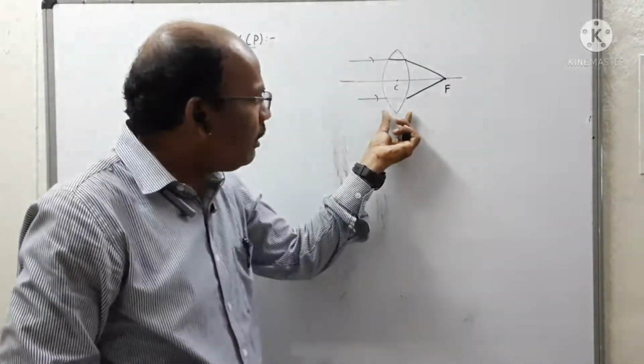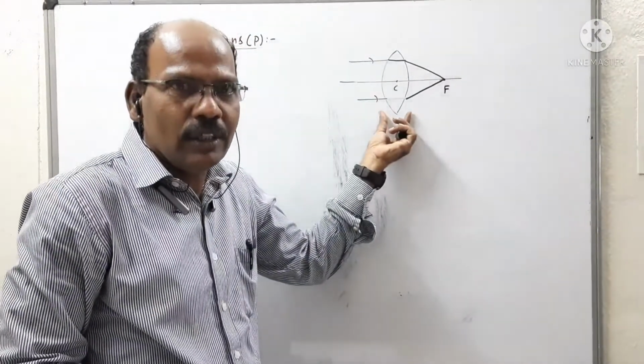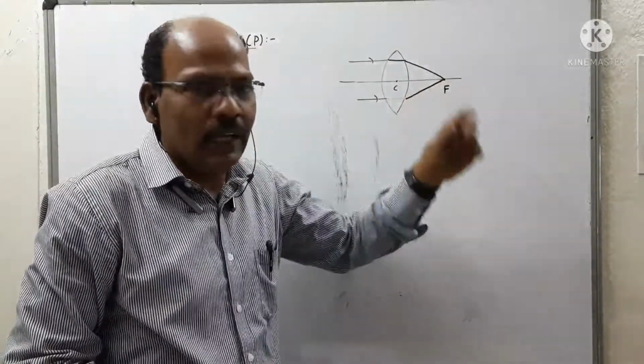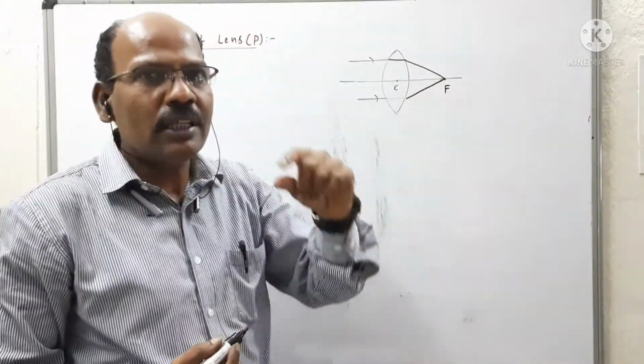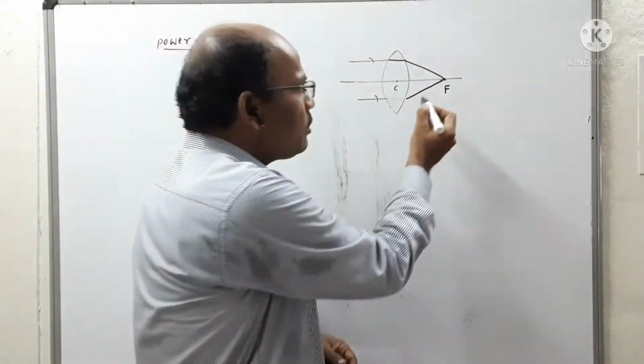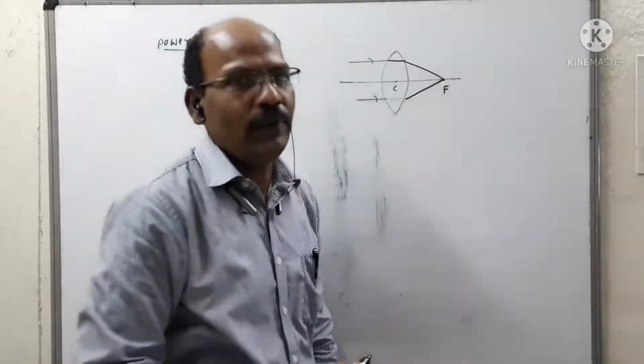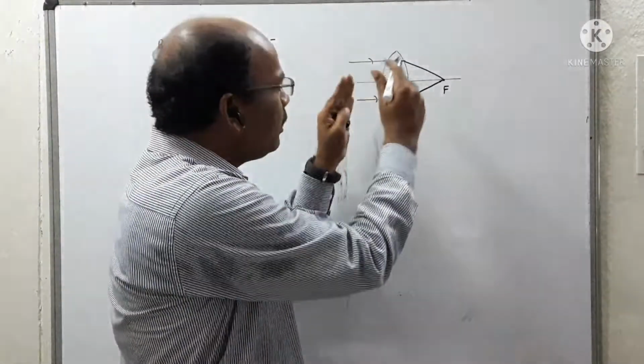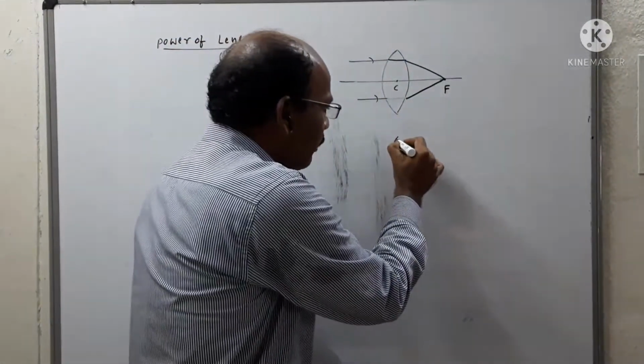So what is the ability of the lens to converge or diverge? The ability of a convex or concave lens to bend the incident rays is called the power of the lens. Suppose you consider another size of convex lens.